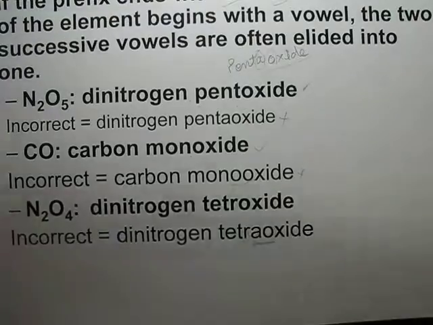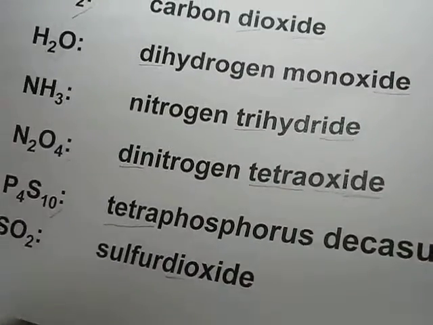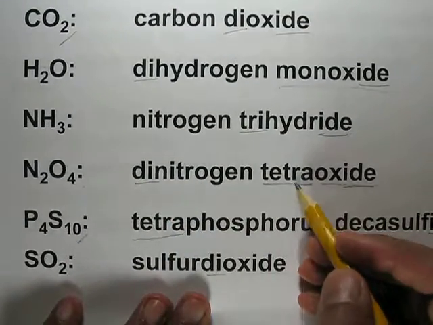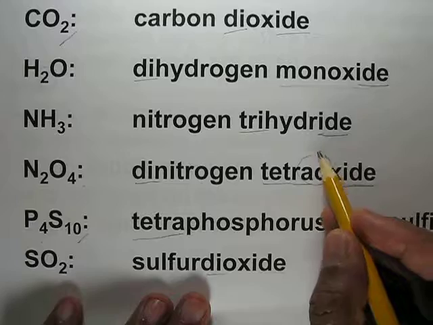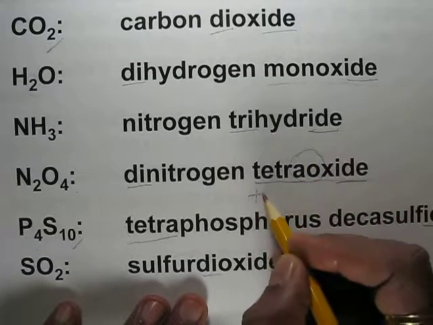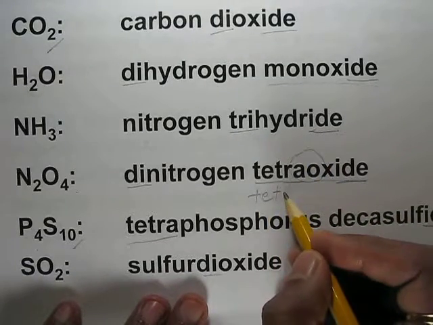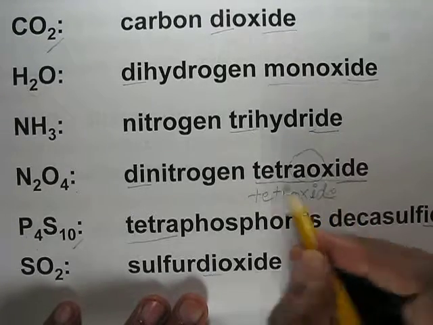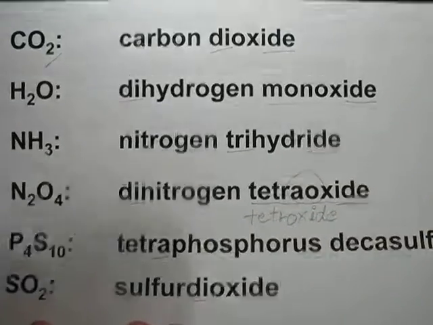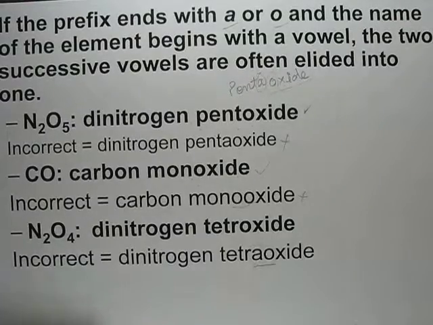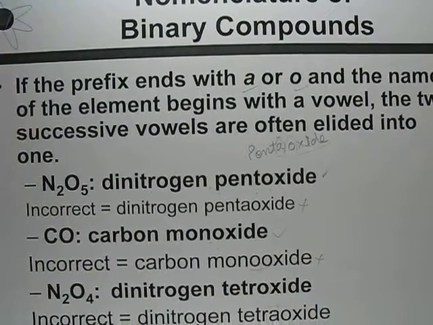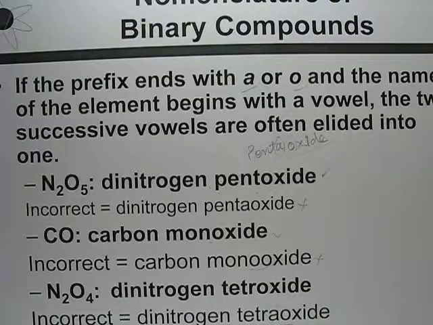Similarly in the previous example, dinitrogen tetraoxide is not correct; tetroxide is the correct name, dinitrogen tetroxide. So this was the naming of binary molecular compounds, and we'll see the naming of ionic compounds in the next video.